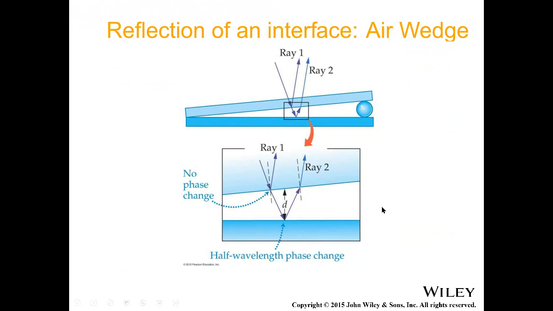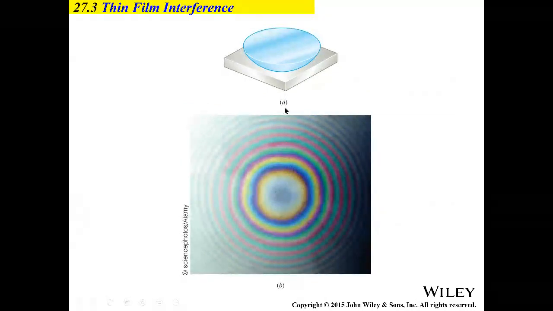And now I downloaded another picture from somewhere, I don't know where. You can download it yourself, where it says no phase change here, and there is half wavelength phase change here. You can work it out the way we did just now. And when you have not an air wedge but sort of a disk, you will see the same thing. You will see these fringes, all red, then green and yellow and red and so on.